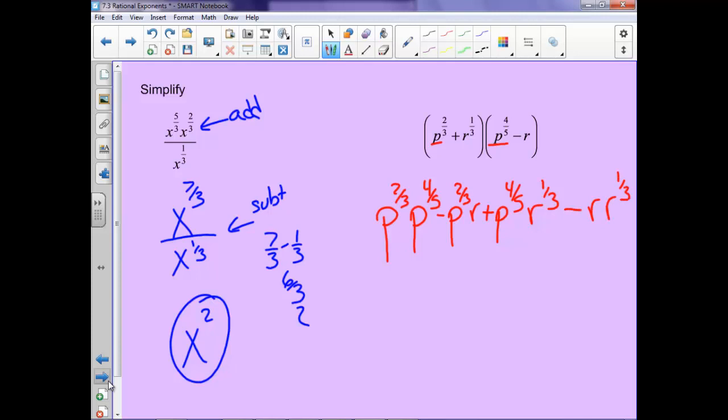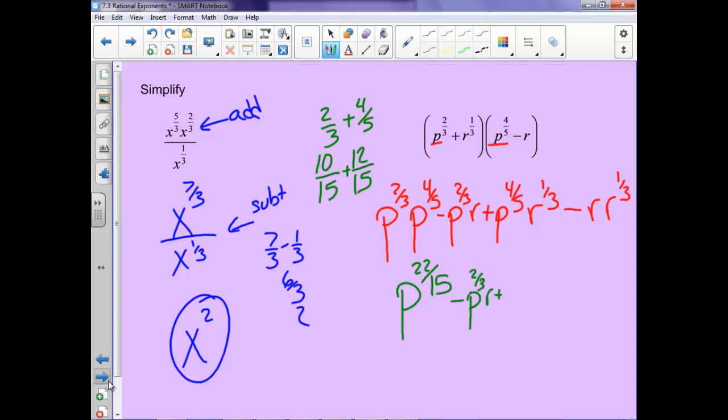Now when we multiply bases, we want to add our exponents. So here we'll have 2/3 plus 4/5, common denominator. Now these middle two, your variables have different exponents, so we can't combine them. They are not like terms.